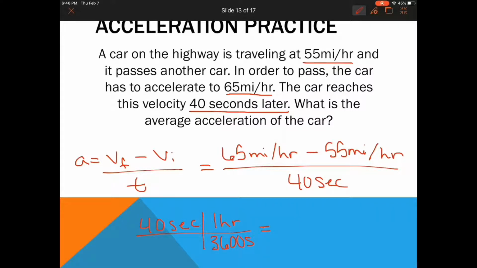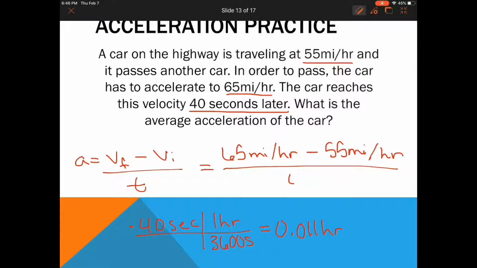There are 3,600 seconds in an hour. So you're going to set 40 on the top and the first side of the box. Then to get rid of the second units, you have to divide by 3,600. Time for this is going to be 0.011 hours.